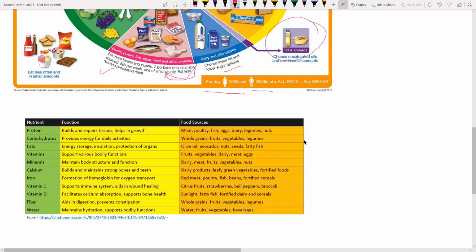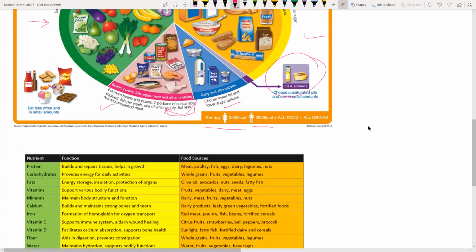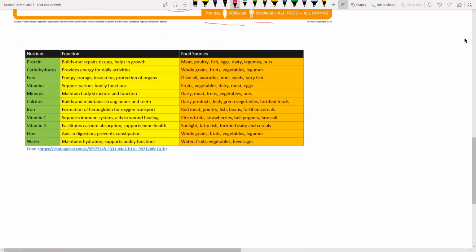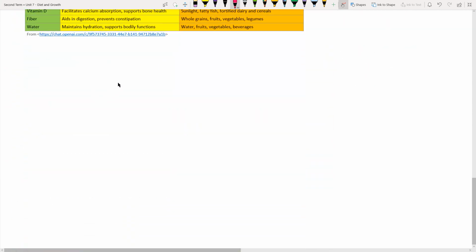You can pause this video and read through these to reinforce why these nutrients are required, what their basic functions are, and what the sources are. If you go through these, this will help you understand why these nutrients are required in a specific manner.